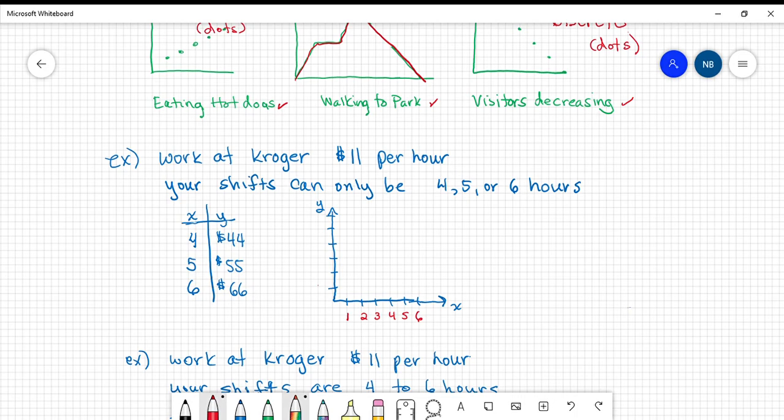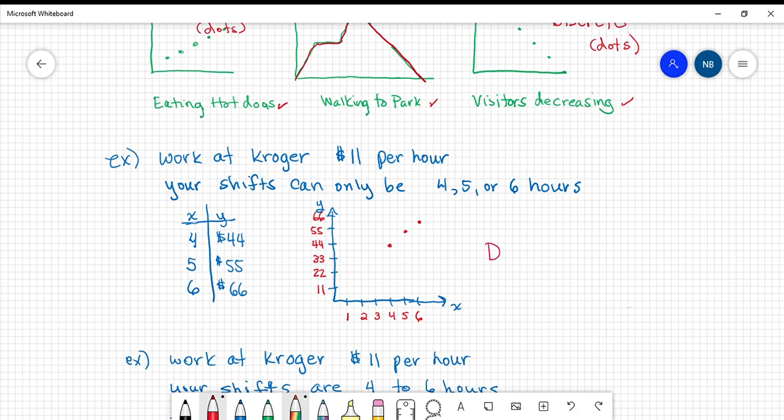And on the y-axis, similarly, I'm going to count by 11s, but I have to count by every multiple of 11 until I have what I need, 66. And then when I draw my graph, I go to 4, and then I bring it together with the 44. 5 is with 55, and 6 is with 66.